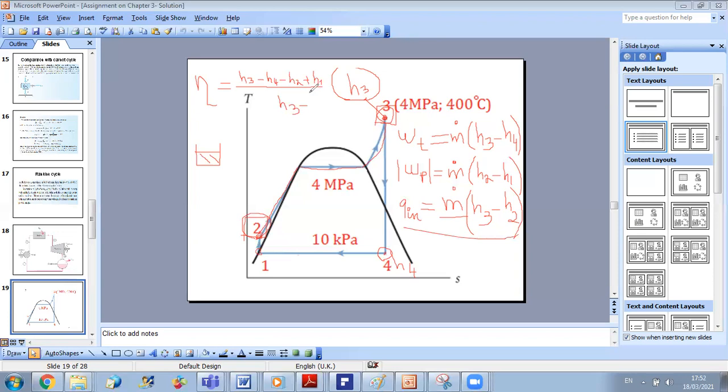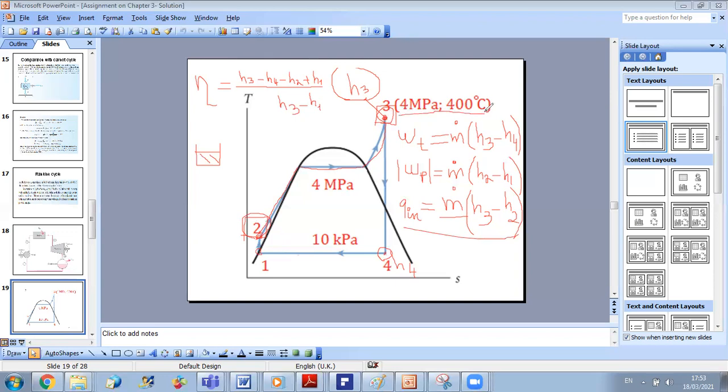So as you can see here, the efficiency will depend on the four states because I have in my formula H1, H2, H3, and H4. This is why, to be able to compute my efficiency, I should determine the condition at the different points. Okay. So now I will start from point 3. For point 3, I know the conditions, 4 megapascal and 400 degrees.